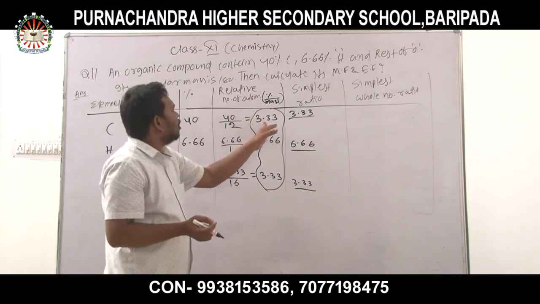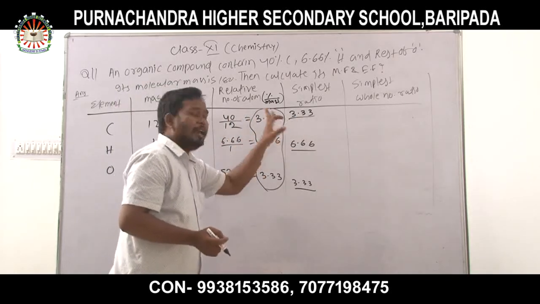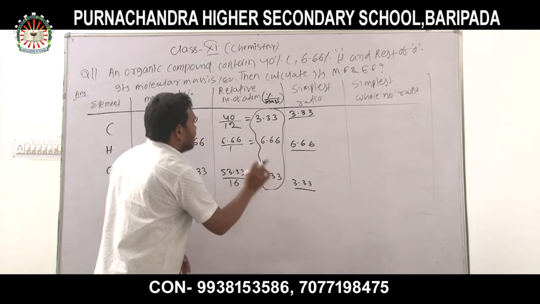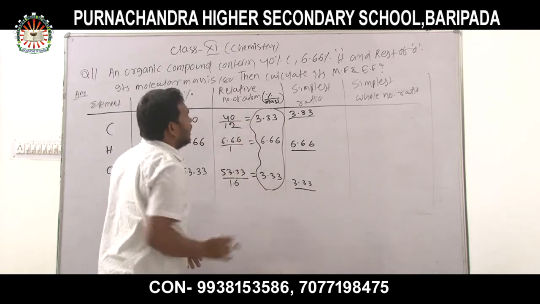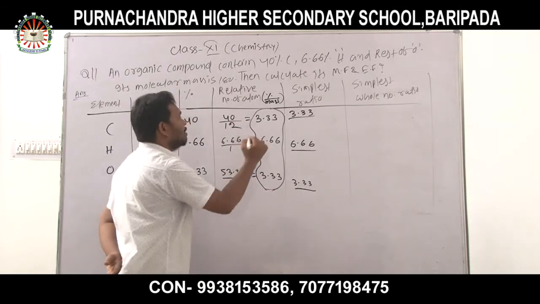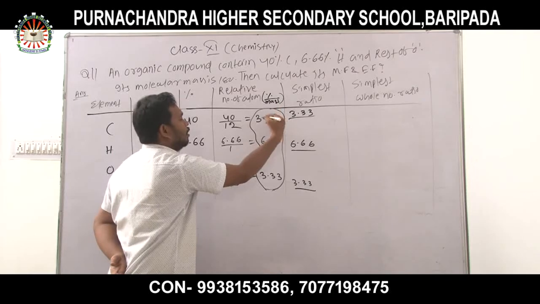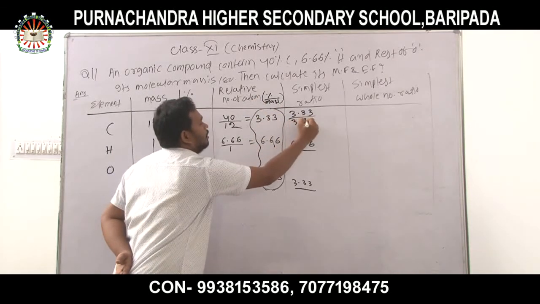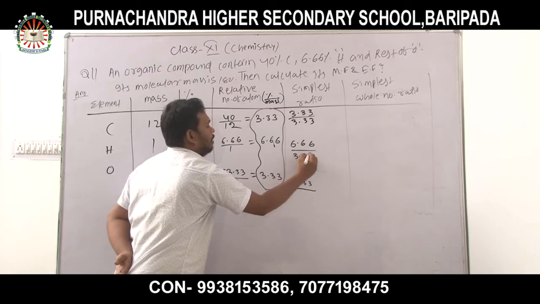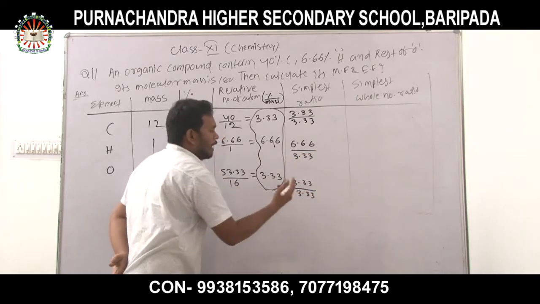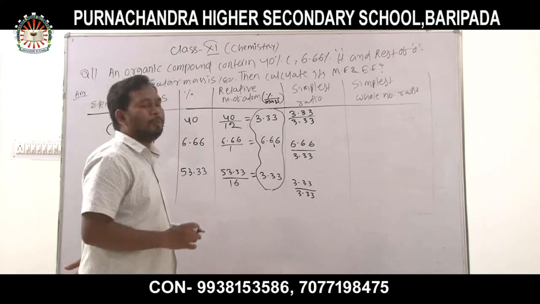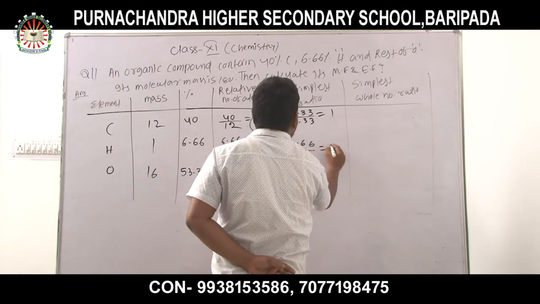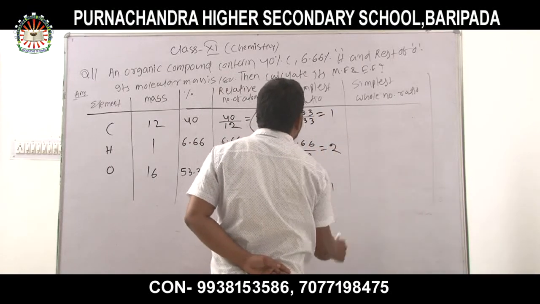The relative number of atoms of each individual element is divided by the smallest relative number of atoms. Here the smallest is 3.33, so 3.33, 3.33 and 3.33 are all divided by it. So the simplest ratio is 1, 2 and 1.